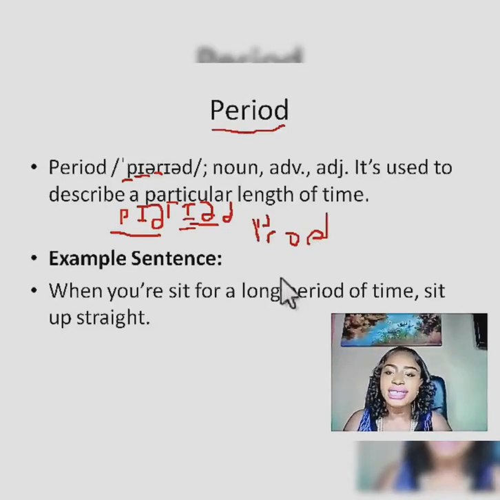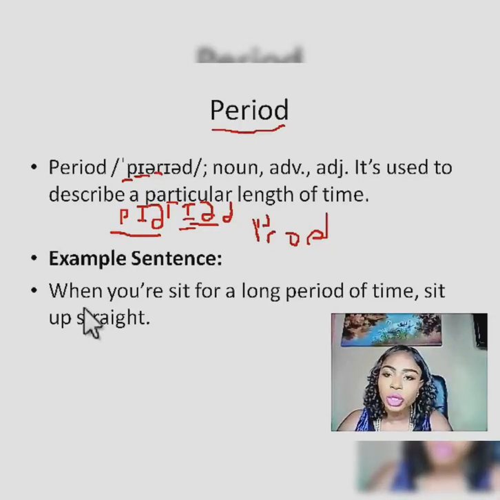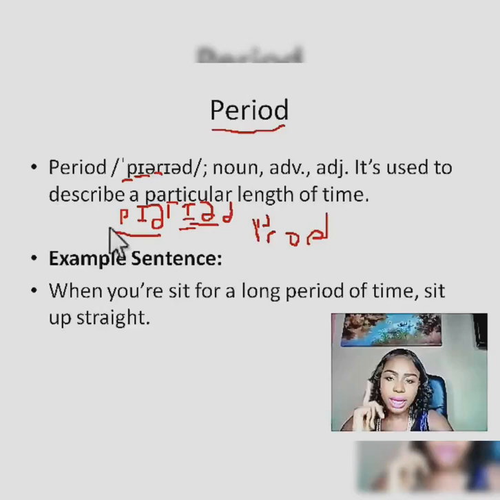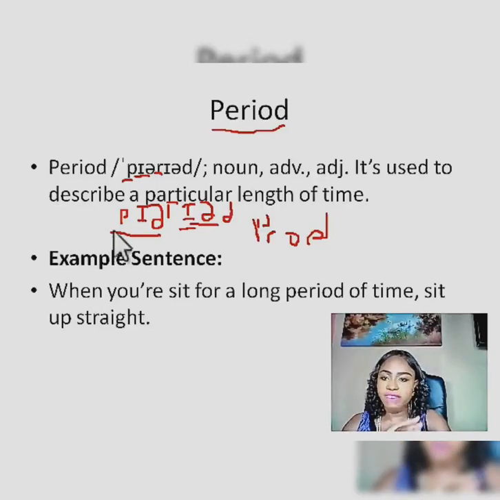Now let's see an example sentence. I told you that we're going to learn the accurate pronunciation of this word we pronounce period. Okay, before I go on, let's try. So for those of you that have not grasped this yet, let's go.